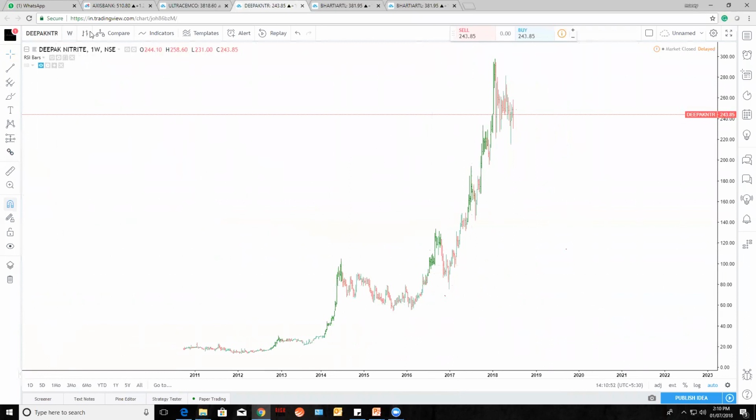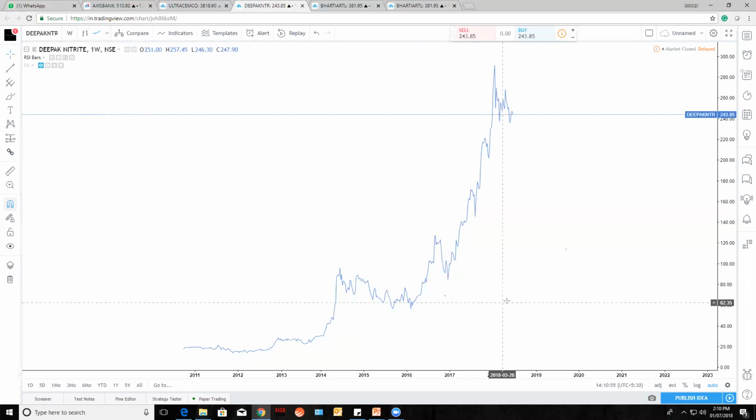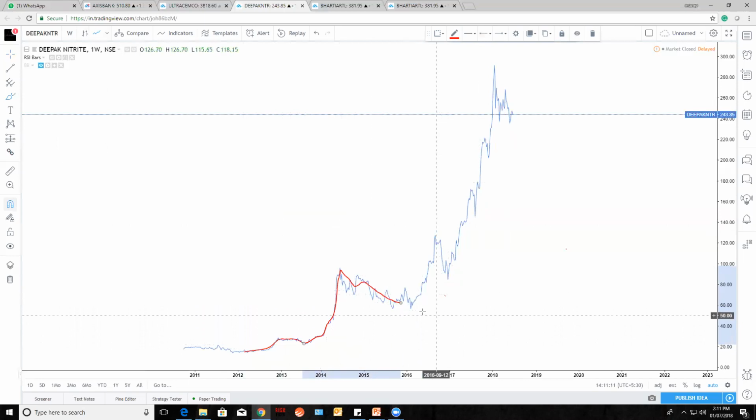I'm just trying to show you how the clear picture of the three-wave and correction is there. Let's take from here. Let's take this as one wave. Let's take this as 1, 2, and after that, see the internal waves. It's 1, 2, 3, 4, and 5. After that, a correction. See the internal waves 1, 2, 3, 4, and 5. And after the correction, here you can see the waves 1, 2, 3, 4, 5, 6, 7, 8, and 9. Nine means it's an extended first wave.